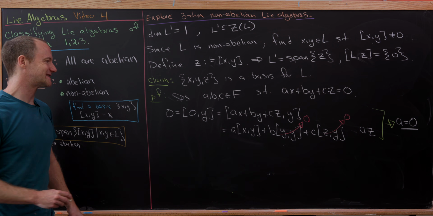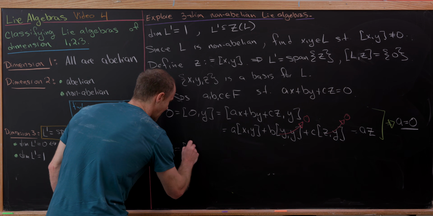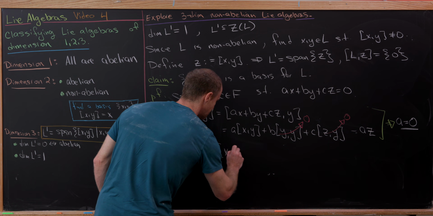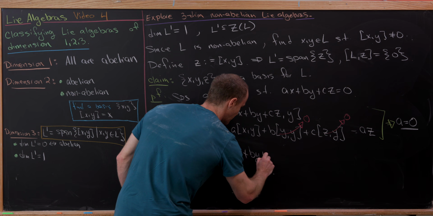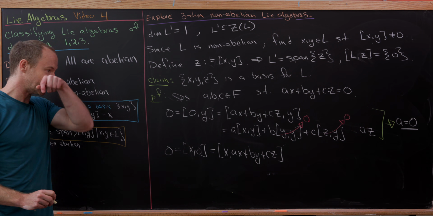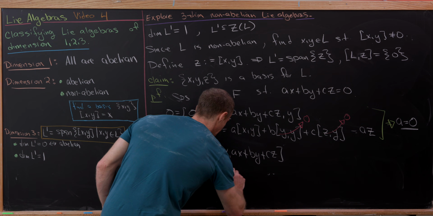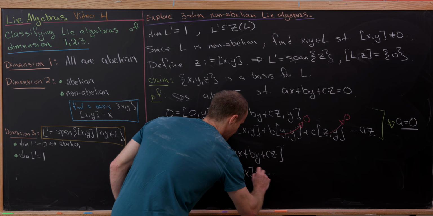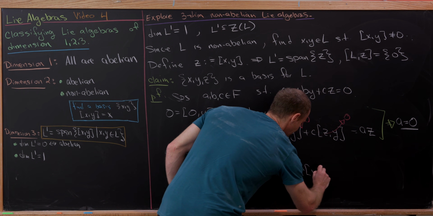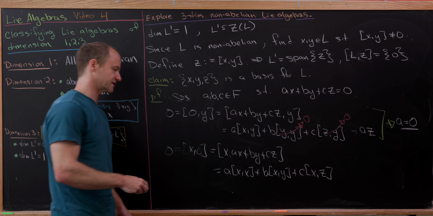Now let's play a similar game. We've got 0 is the same thing as x bracketed with 0. I think that's pretty clear, but then that's the same thing as x bracketed with ax plus by plus cz. Now we'll use linearity of the bracket and write this as a with bracket xx plus b with bracket xy plus c with bracket xz. Again, some of this stuff is automatically equal to 0.